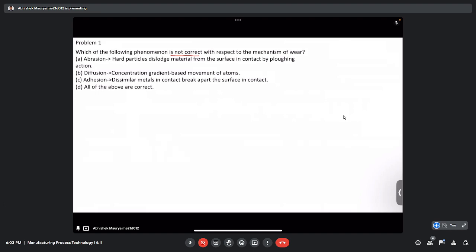So first one is abrasion. Let's try to understand abrasion quickly. Abrasion is a type of wear, and we know what wear is. Wear is a gradual loss of material.